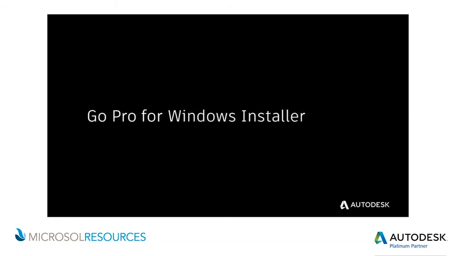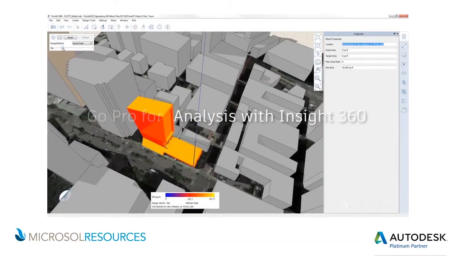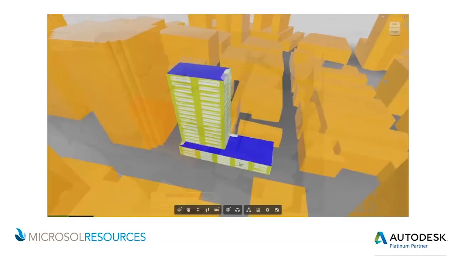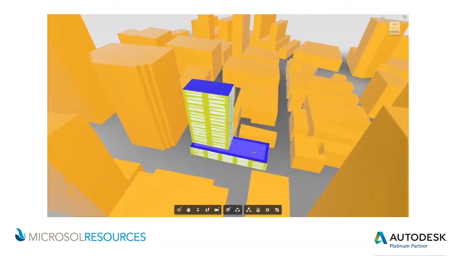You'll see me do a demo of this, but FormIt has a whole bunch of information available: the modeling tools, the Autodesk material library, and Insight for energy analysis and visualization.